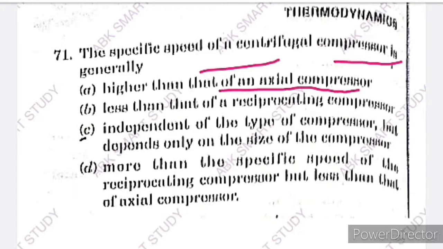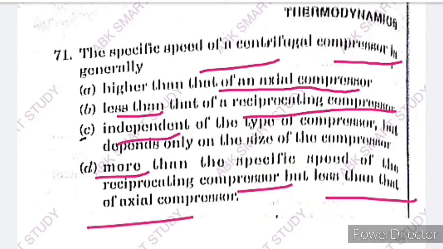The specific speed of a centrifugal compressor is generally. Options are: A higher than that of the axial compressor. Option B, less than that of the reciprocating compressor. Option C, independent of the type of compressor but depends only on the size of the compressor. And option D, more than the specific speed of the reciprocating compressor but less than the axial compressor.